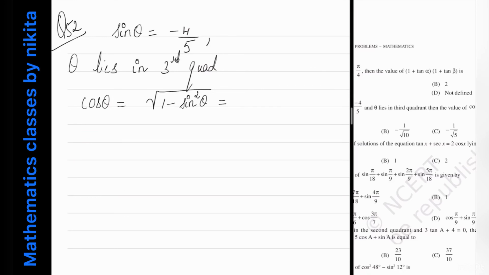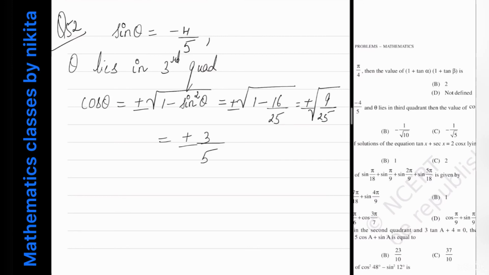So this will be equal to under the root 1 minus 16 by 25, which is equal to under the root 9 by 25. So this will give you cos theta, basically this is plus minus. Okay, here plus minus comes outside. So this will be 3 by 5 plus minus.